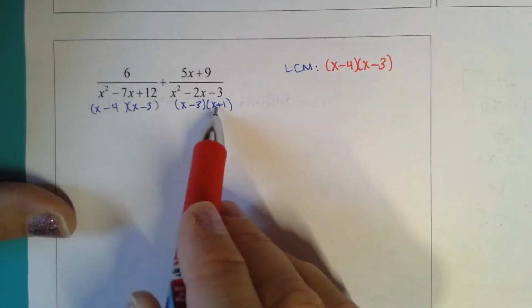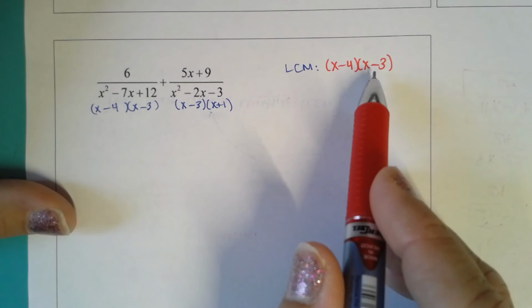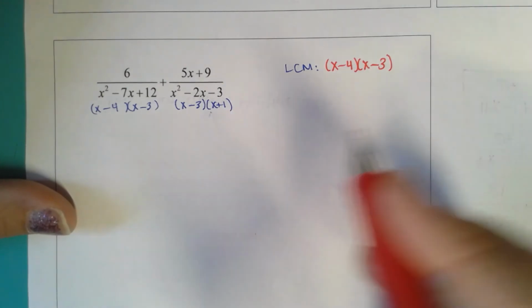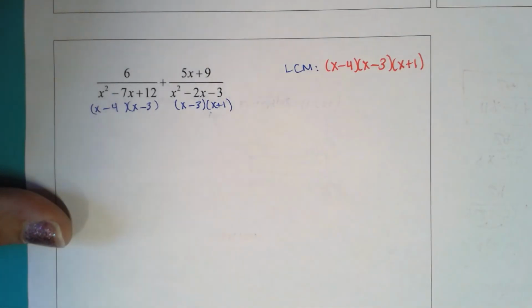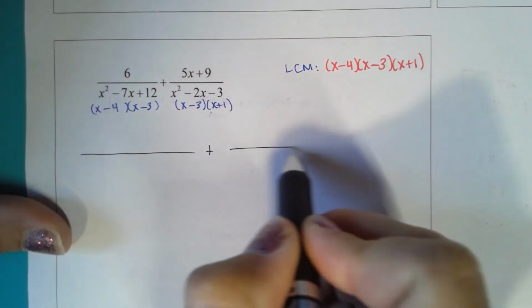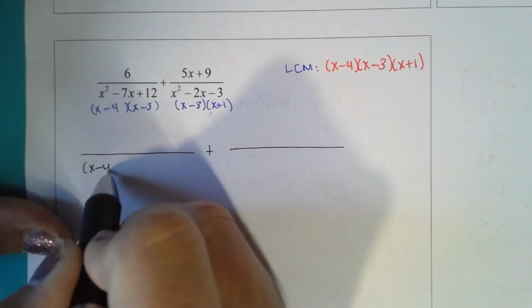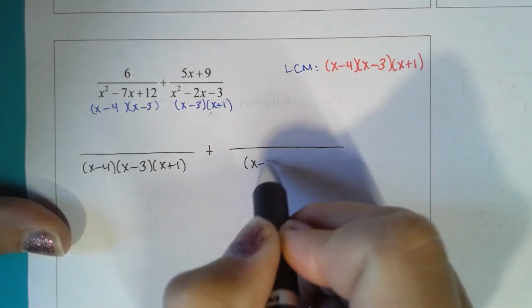And I need every factor from the second fraction, so I need an x minus 3, which we already have, and we need an x plus 1, which we don't have yet, so we'll just tack it on the list. That's going to be my common denominator, x minus 4, x minus 3, x plus 1.